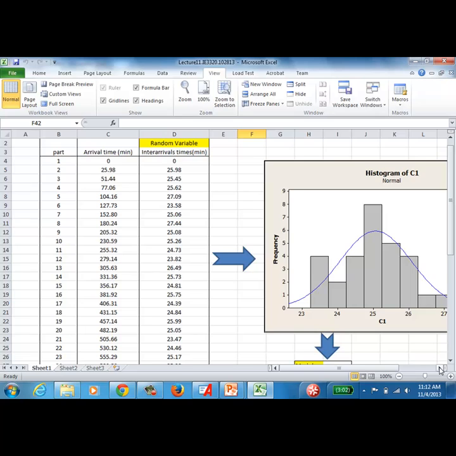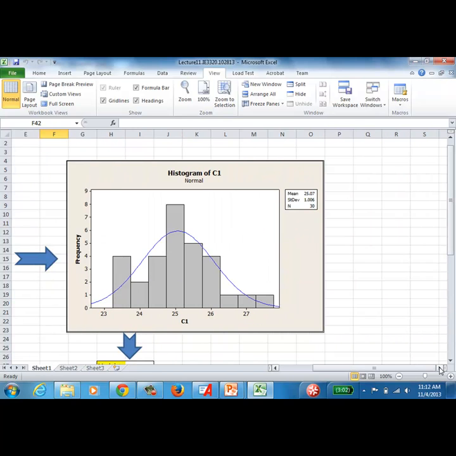And you know about histograms. So this is the histogram for those inter-arrival times. And as you can see, this shape looks familiar. So what we do with the information of the histogram is we have some software packages that allow us to fit a distribution to this data.